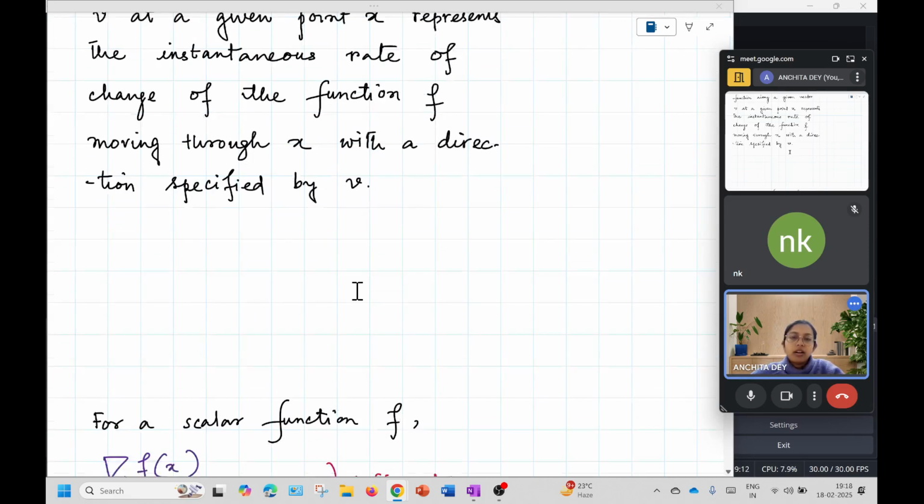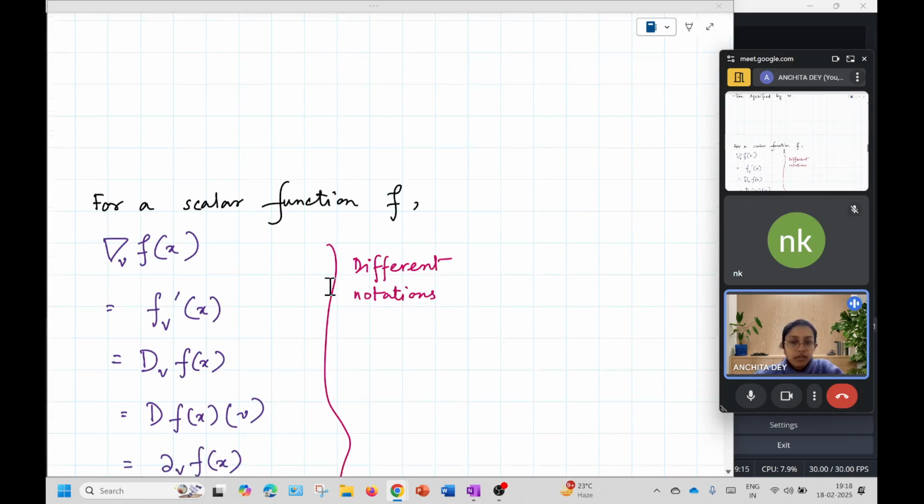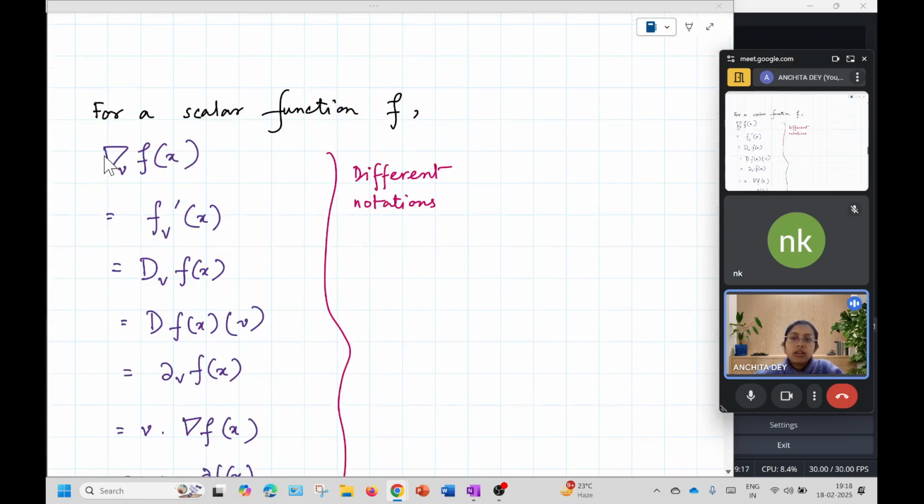Now if you're dealing with only a scalar function f, there are different ways to write a directional derivative. How do you express it with a notation? You can use this delta symbol. Sorry, it's the nabla symbol. Let me just confirm, I don't want to be wrong here.